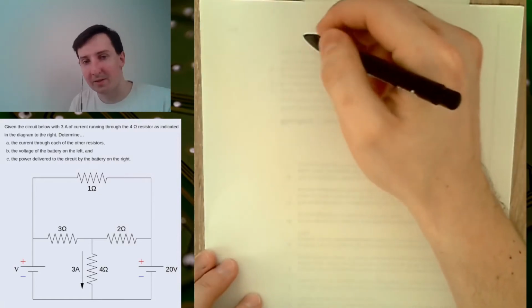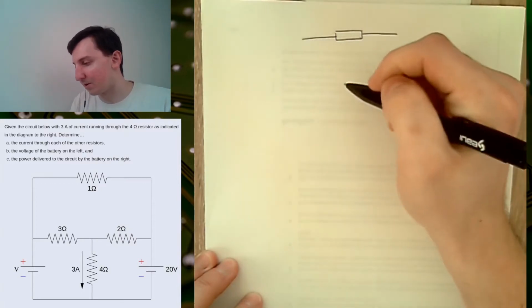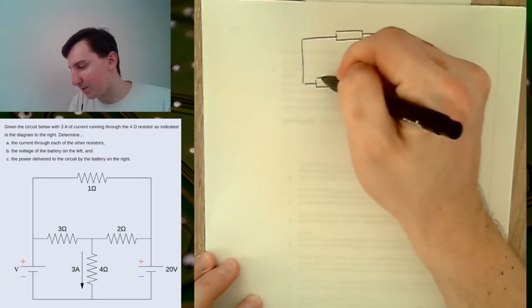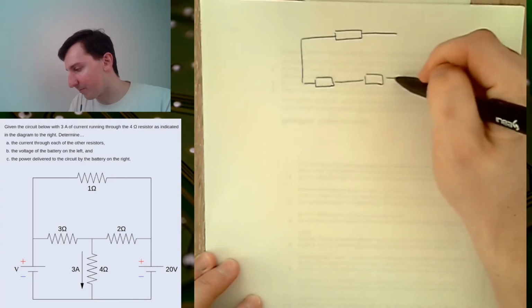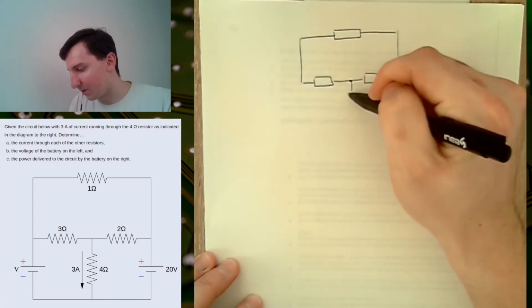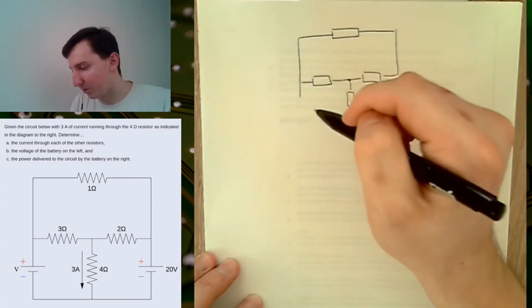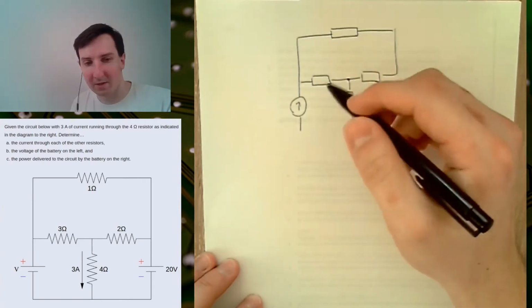We have a single resistor in the upper part, then 2 resistors right here, and a single resistor here, and we have 2 voltage sources. So let's mark them as follows.